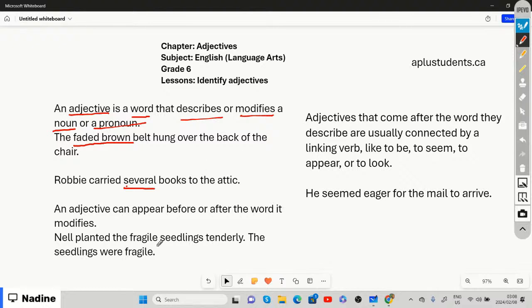So we can identify fragile, which means that we have two: one is in front of and one is behind, or after.